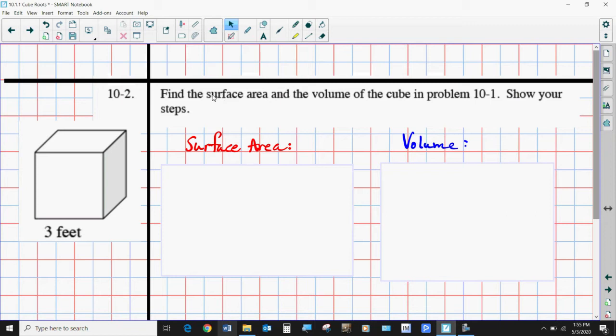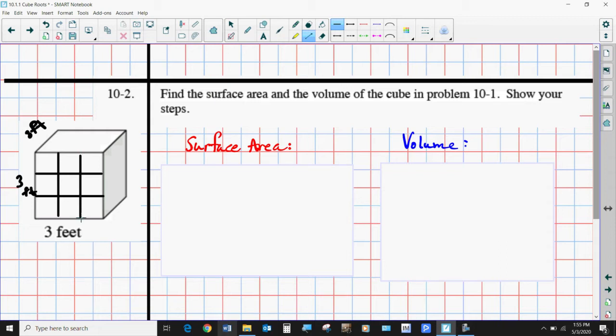All right, so let's start with surface area of a cube. So how do you find the surface area? Well, first things first, we know that the cube is 3 feet by 3 feet, and 3 feet deep. So if I were to create these grids on here, break that up into 3 equal parts and then do the same thing vertically, you can see that every single face on this cube is going to have 3 by 3 faces, which are 9 square feet.